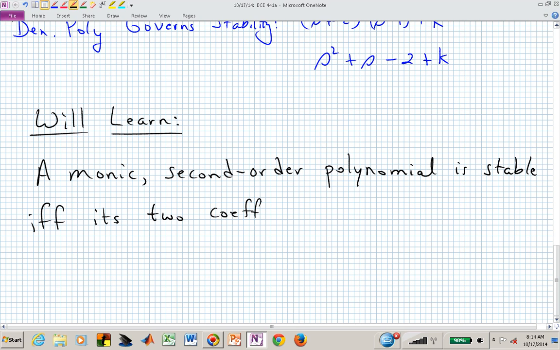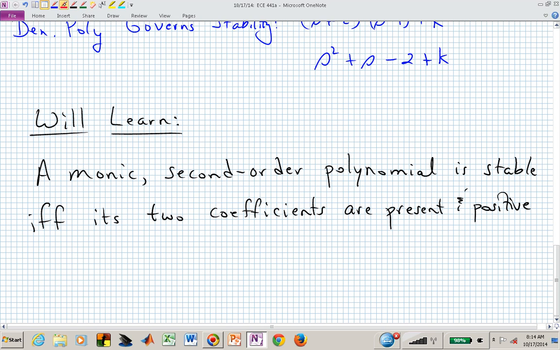But for this particular second order monic, all we have to know is if those coefficients of the S and the constant coefficient, if those are present, that means they're there, and they're positive. So I always go present and positive. So those are now present and positive. If and only if the two coefficients are present and positive.